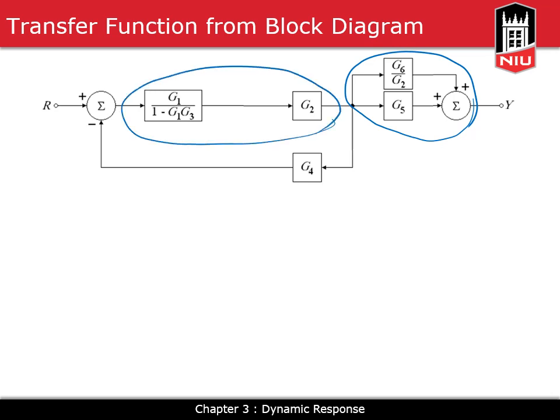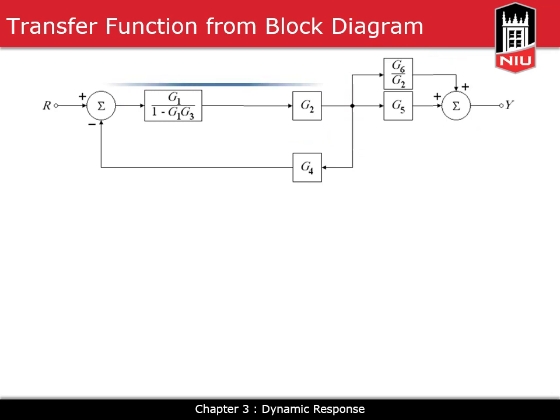These two are in series. The output of first one goes into the second one, and there's no interruptions in between, so they are in series, and we can just multiply their transfer functions. So let me clear this and see the result.